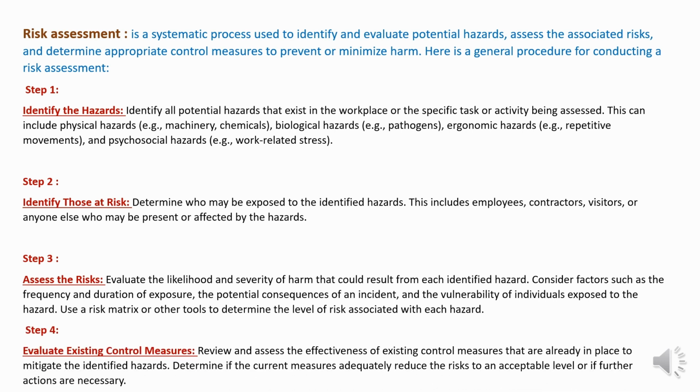Step 4 is evaluate existing control measures. In this step, we need to review and assess the effectiveness of the control measures already in place to mitigate the identified hazards. Determine if the current measures reduce the risk to an acceptable level or if further actions are necessary.